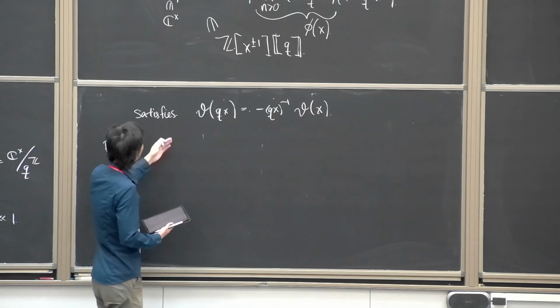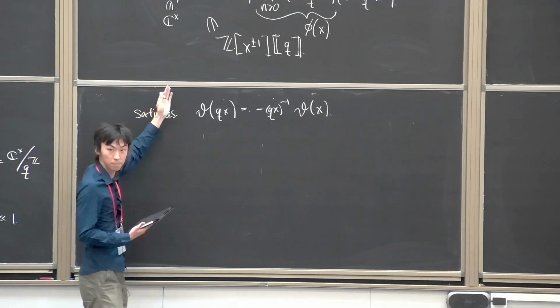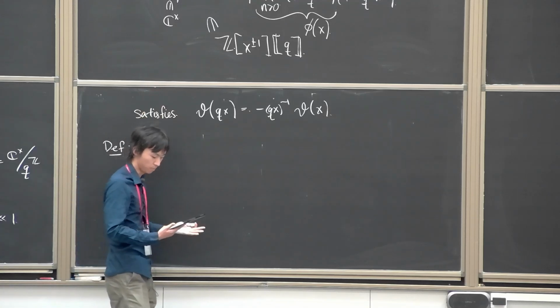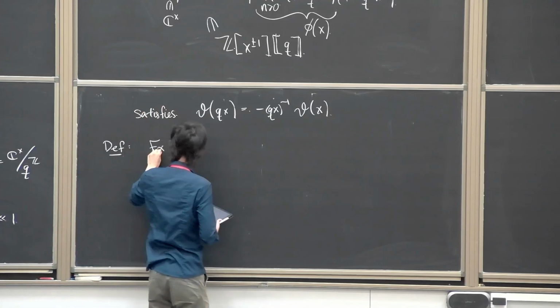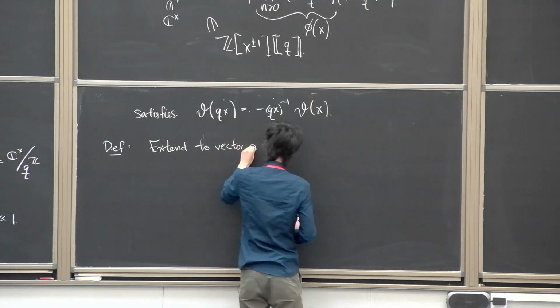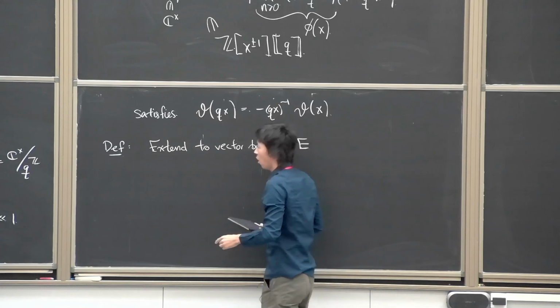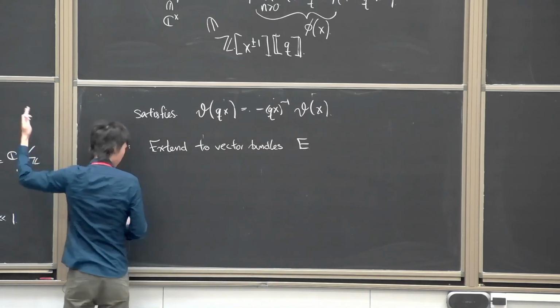So first, we can take this kind of scalar function and extend it to a function of vector bundles E on our scheme X over there.